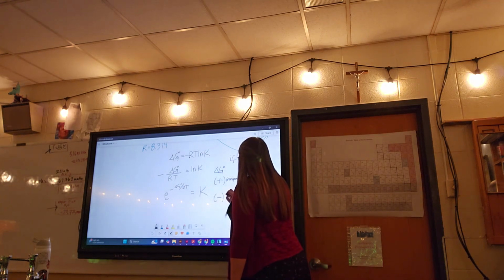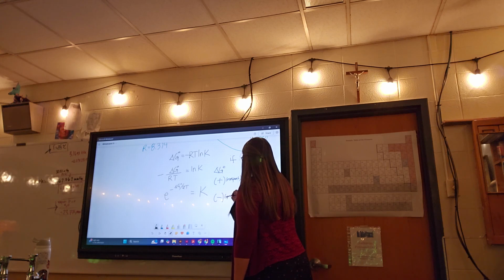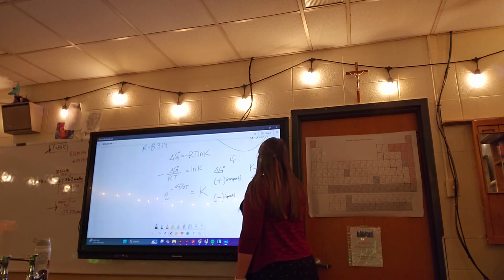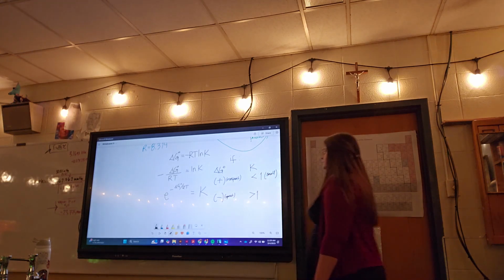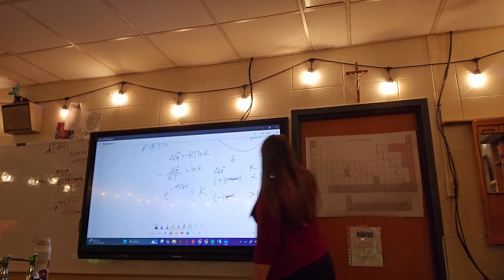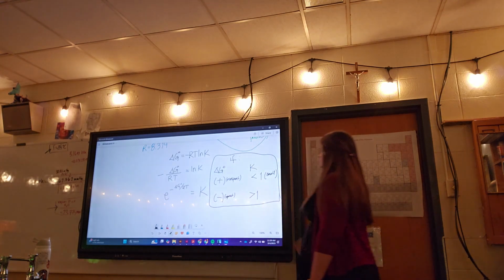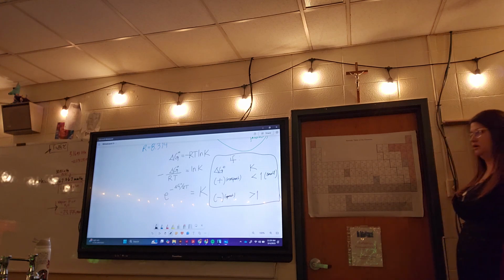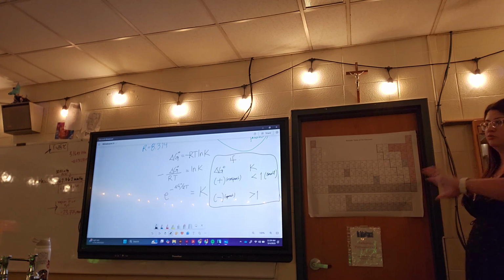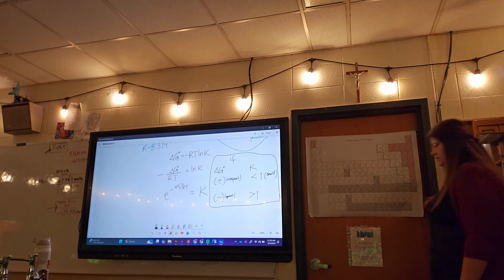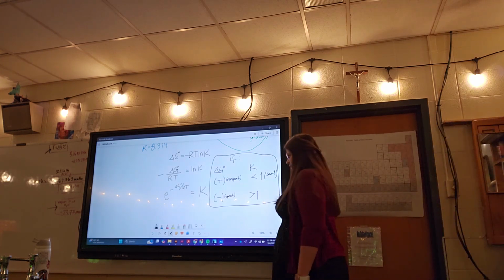If delta G is negative, it'll be spontaneous, and that likely means that K is greater than 1. So that's another little box for you to remember and memorize, and if you can manage that, it will really help you answering questions on your AP test.